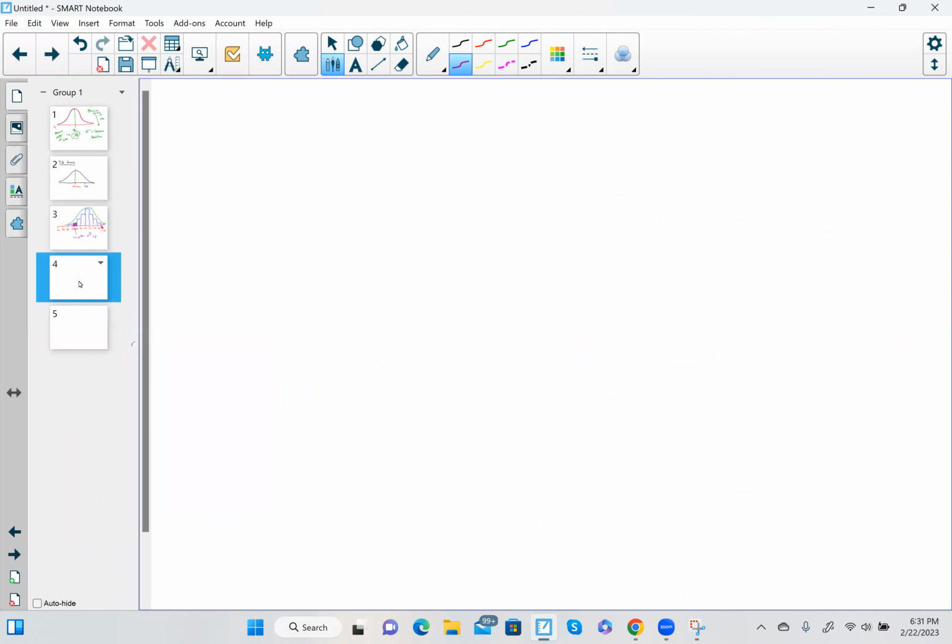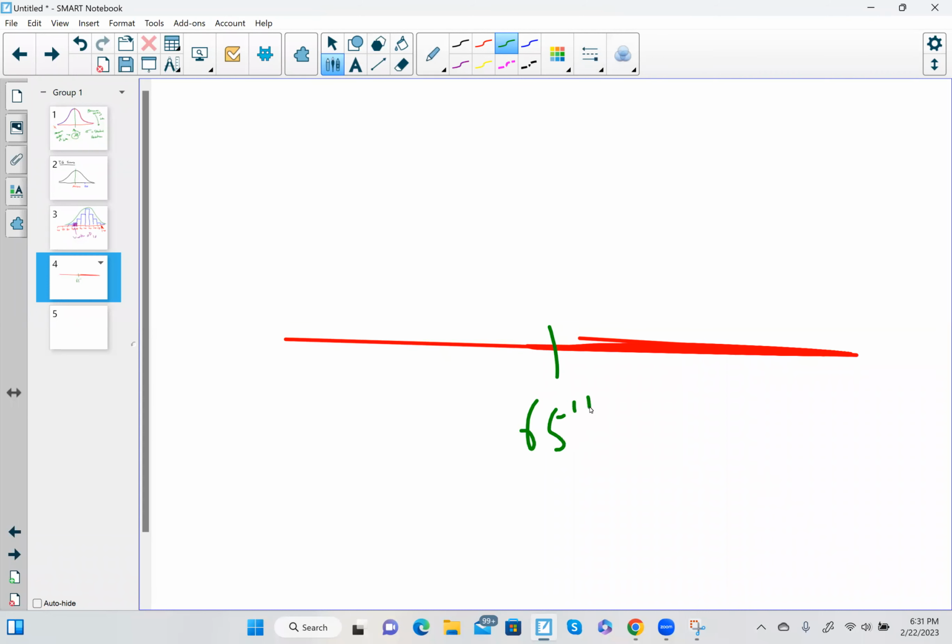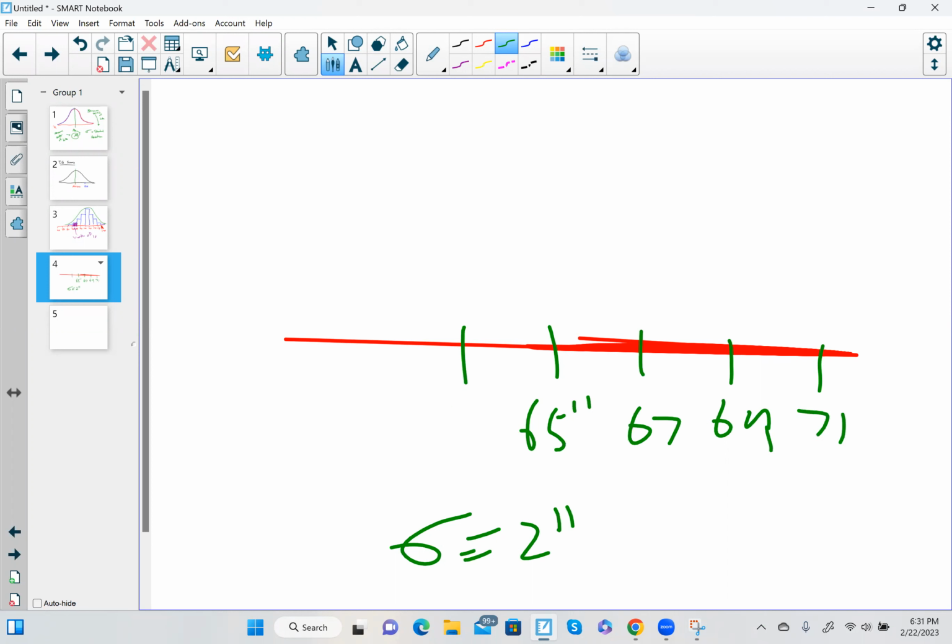If you were to do the same thing with heights of teenagers or something like that. So maybe the average ninth grader in a high school is 65 inches tall, and maybe the standard deviation of heights is 2 inches. So what you would find is here's 67, here's 69, here's 71, and then down to 63, down to 61, then 59.